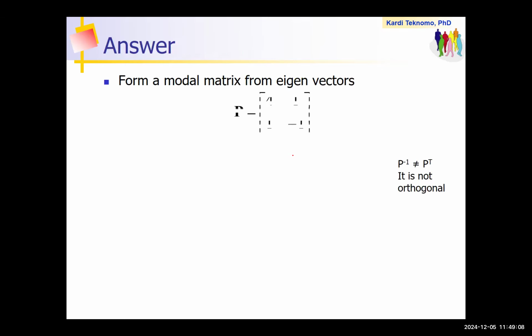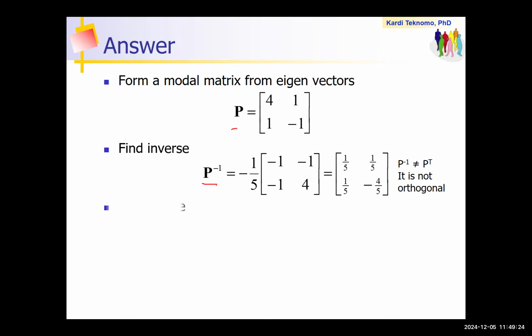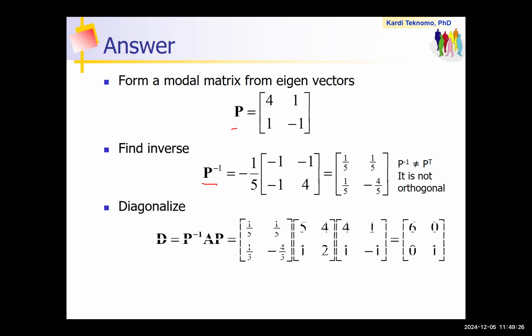From there, you can get the inverse. This is the inverse of P. This P is actually the modal matrix, and this is the inverse of the modal matrix. And then when you want to get the diagonalization, you just multiply: P inverse multiplied by A, and then multiplied by the modal matrix. And then you will get the diagonal matrix.